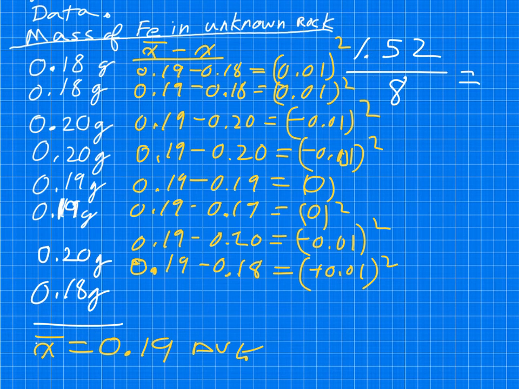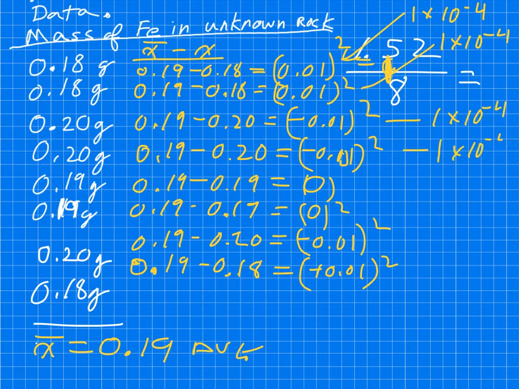And 0.01 squared is, shoot, I'm trying to write on top of my average now. That's no good. It's 1 times 10 to the negative fourth is what it is. So 1 times 10 to the negative fourth, 1 times 10 to the negative fourth, 1 times 10 to the negative fourth, 1 times 10 to the negative fourth.